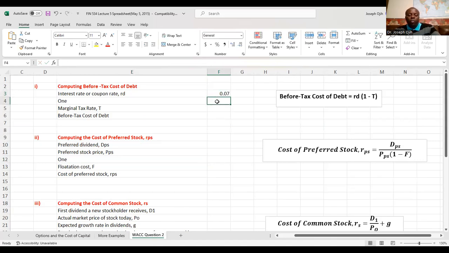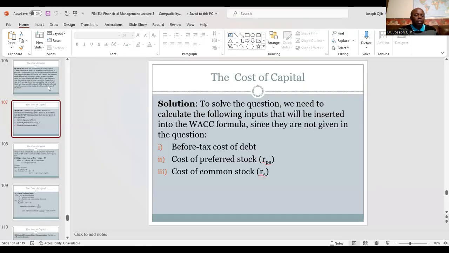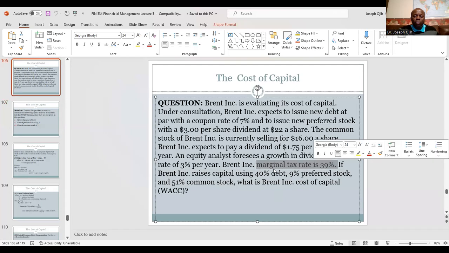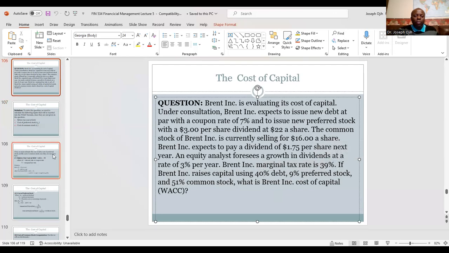And 1 is part of the formula, so I'm going to put 1 here. And the tax rate, what did they say to be the marginal tax rate? The marginal tax rate, like I said, is 39%. I mean, it's 0.39, as a decimal. So 0.39 for the marginal tax rate.